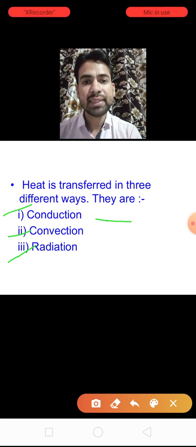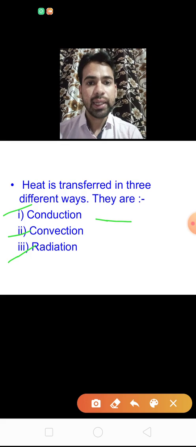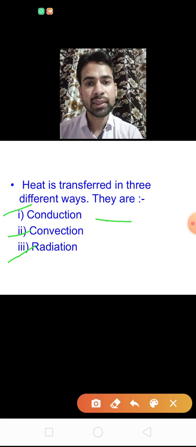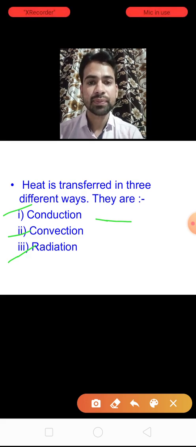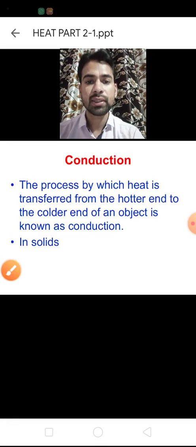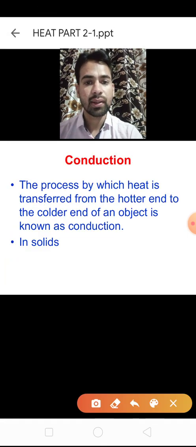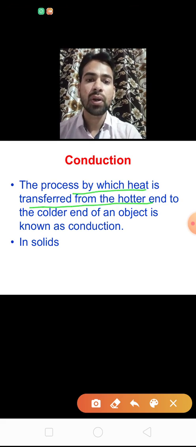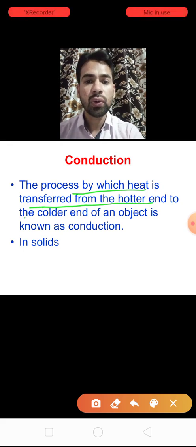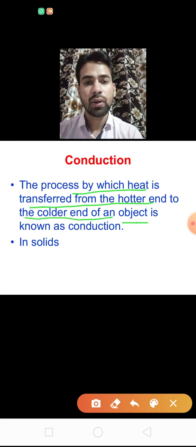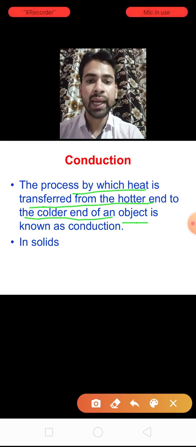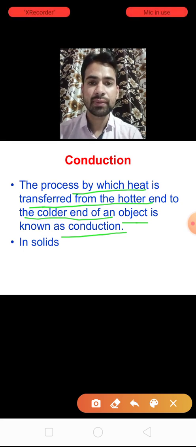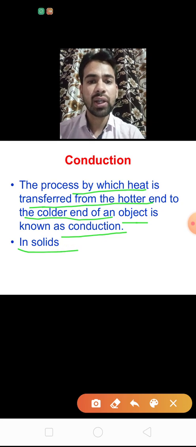Children, conduction is the process in which heat is transferred from the hotter region to the colder region in solids. See here about this conduction. The process by which heat is transferred from the hotter end to the colder end of an object is known as conduction, and the process of conduction occurs in solids.